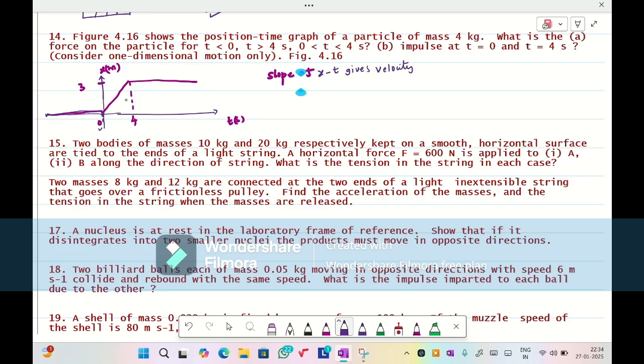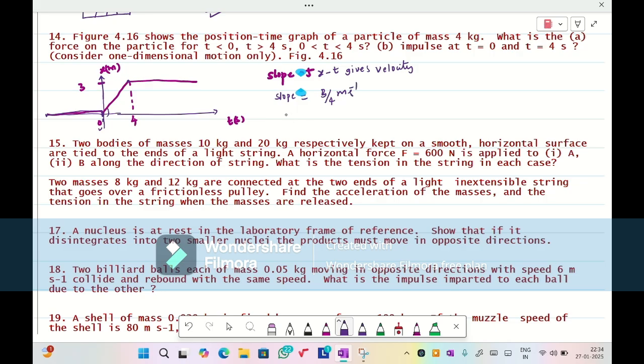Now after 4 seconds, the velocity is the slope, right? In the 4 seconds, the slope is 3 by 4 meters per second.